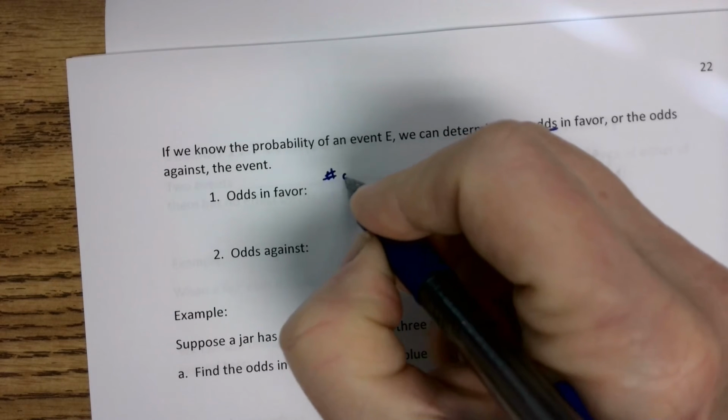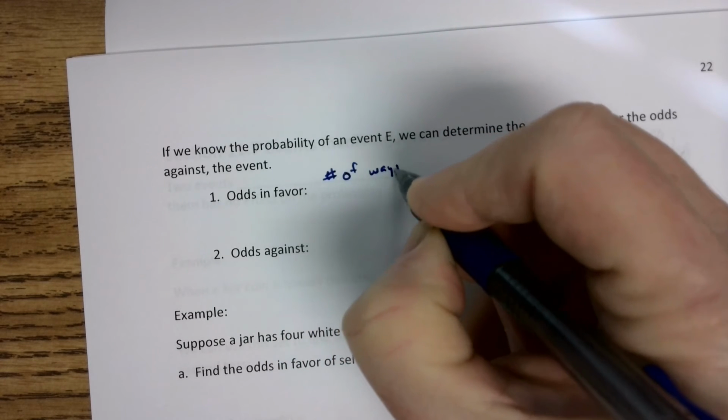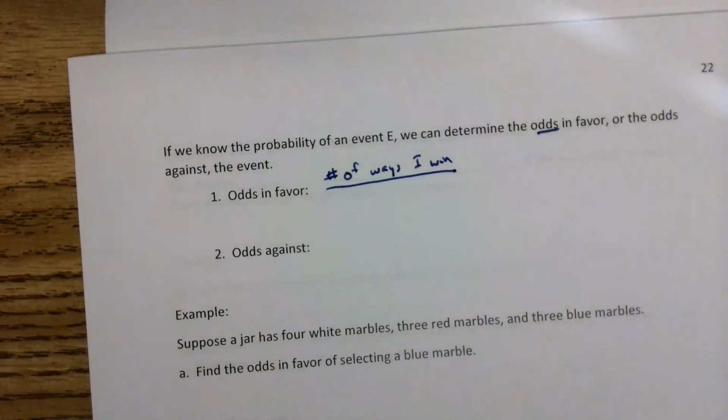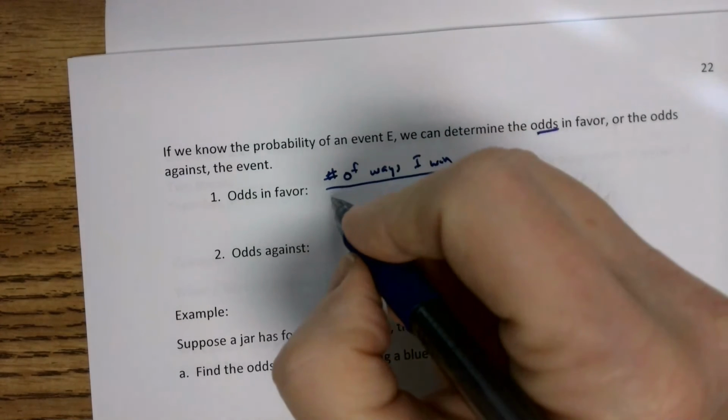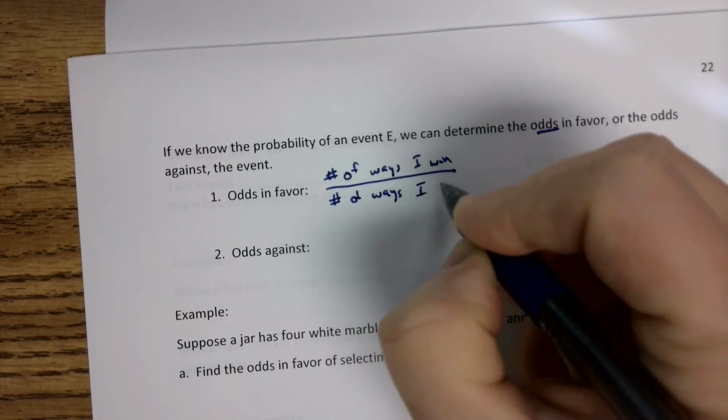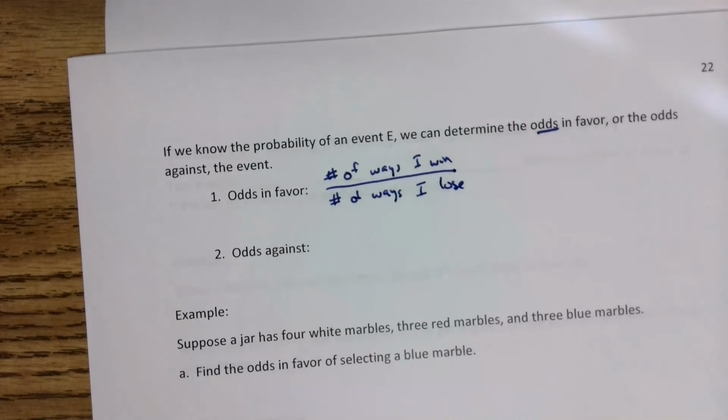number of ways I win divided by, now remember, probability is total number of ways, but this is divided by number of ways I lose or don't win.